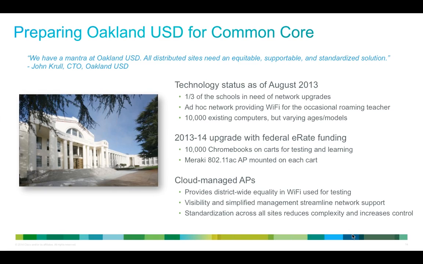And they had about 10,000 existing computers, of varying ages and models, a pretty broad mix of devices. They did get federal E-rate funding to upgrade those, and in fact were able to secure 10,000 Chromebooks on carts. We'll look at those a little bit later for testing and learning.